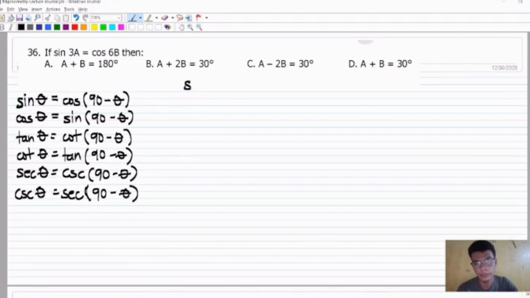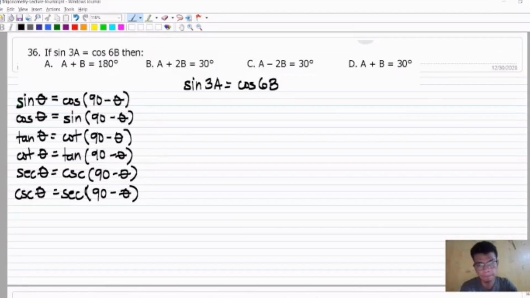So, from the given that sine 3a is equal to cosine 6b, kung mapapansin ninyo sa choices na wala na yung trigonometric function, kumbaga nagkaroon tayo ng cancellation. Kasi mapapagparehas natin sa problem na maging sine tsaka sine o kaya cosine, cosine.